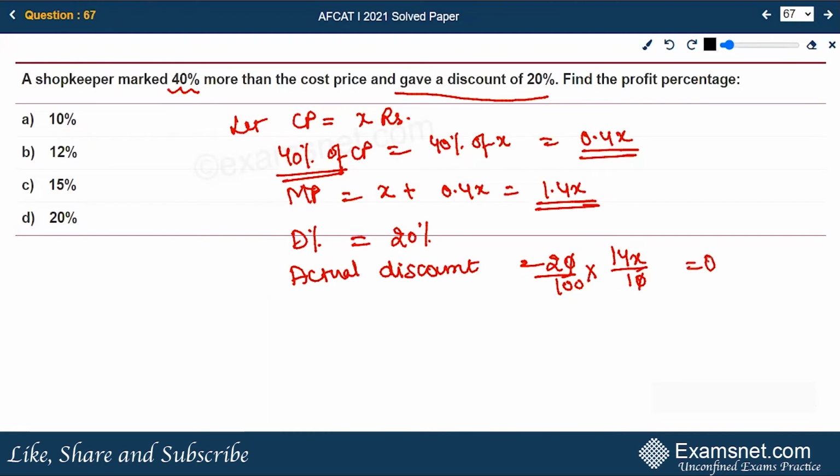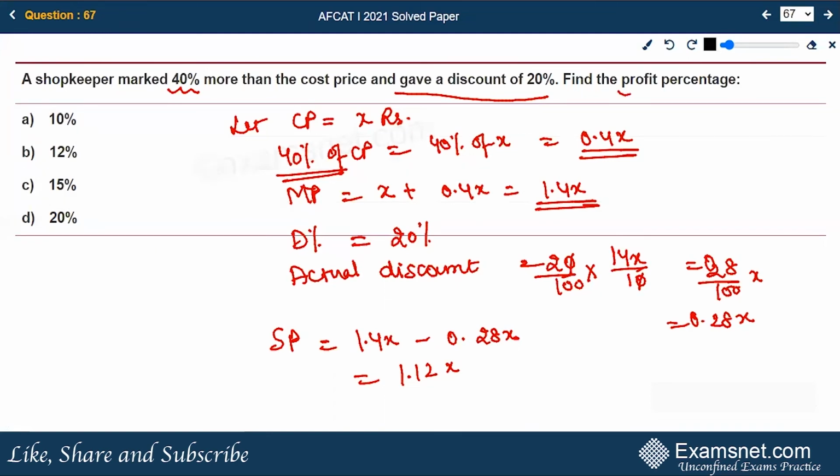So this is 28 upon 100x or 0.28x. Now the selling price is the marked price minus the discount, which makes it 1.12x. This is the selling price of the given item.